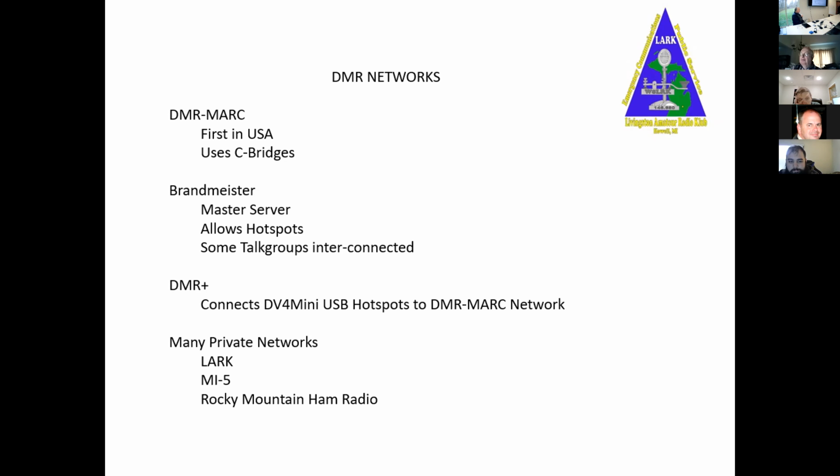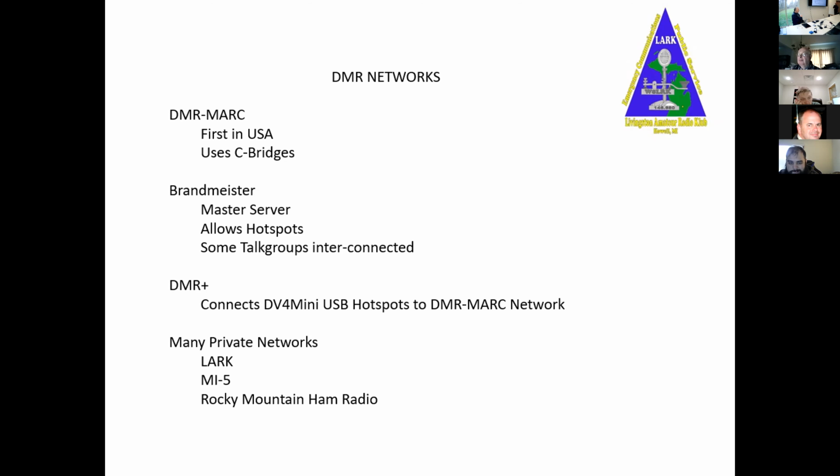So they forced all the hotspots to be what's called private hotspots. They want you to run in private mode, so only your call sign will pass through it. Well, then people that wanted to maliciously interfere, I would just change my hotspot to have his call sign in it, right? And then I could use my radio with his call sign and my hotspot with his call sign, and I could get on the network and interfere and he would get blamed.